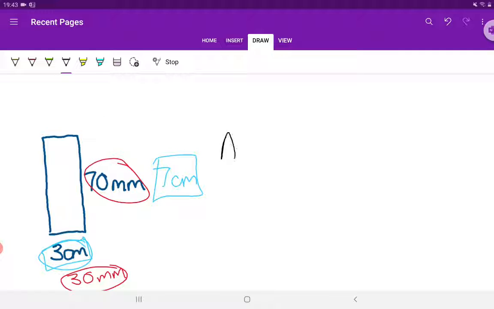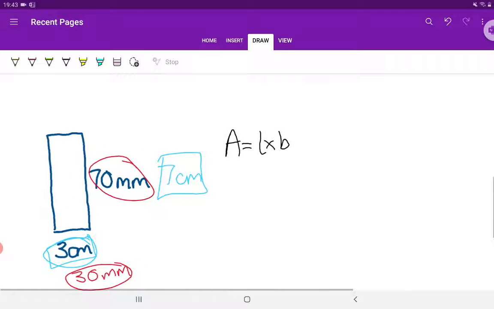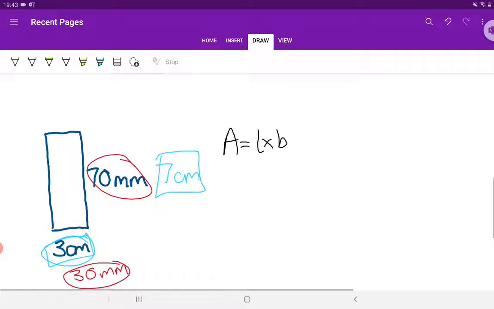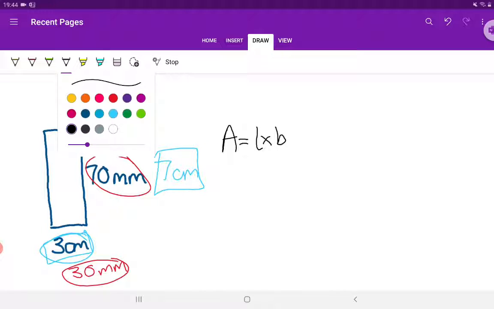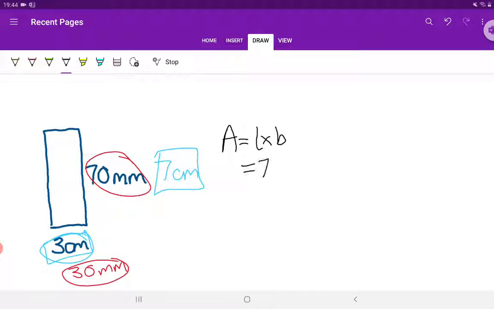So the area then, still length times breadth, which is 7 times 3. Oh, sorry folks, it's deciding it doesn't want to write. Here we go, let's try again. There we go, 7 times 3, which is 21. Now remember, we've picked centimetres here, so we've got square centimetres. And then the perimeter would be 2 7s plus 2 3s.